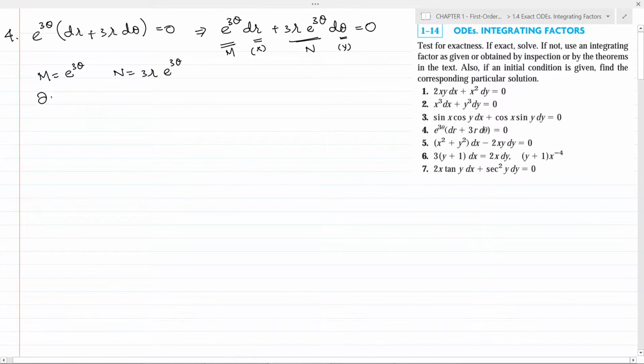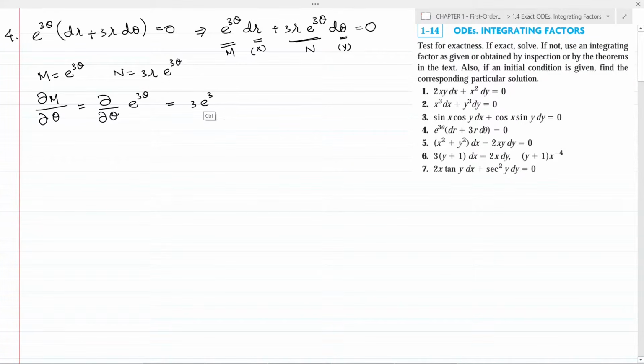We calculate del m by del theta, similar to del m by del y, which is equal to del by del theta of e to the power 3 theta, which is equal to 3 e to the power 3 theta. We can also calculate del n by del r, which is equal to del by del r of 3r e to the power 3 theta.